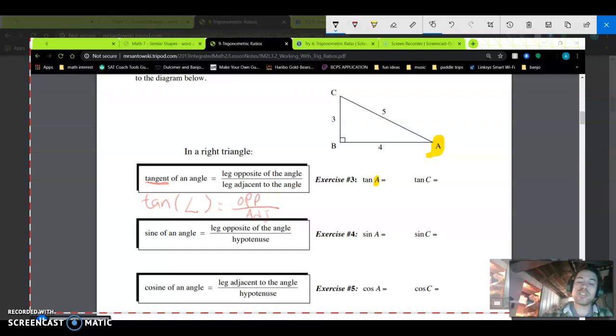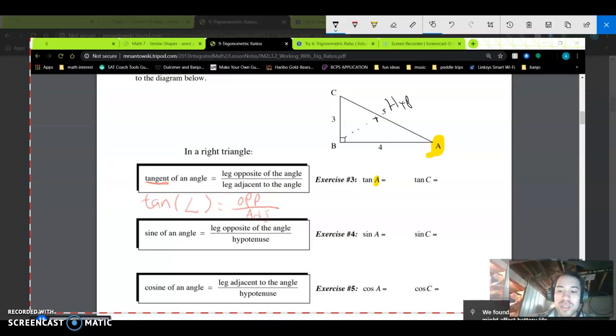When we're labeling our sides, I always start with the same side we label first in a Pythagorean theorem problem, and that's the hypotenuse. Sorry, that is an abbreviation for hypotenuse. I know that does not look like my best work, but you guys can see there.